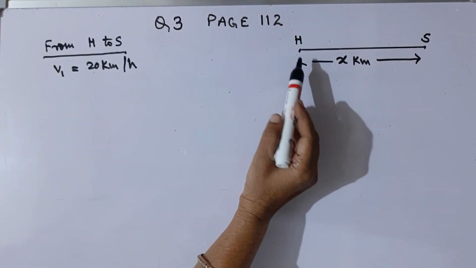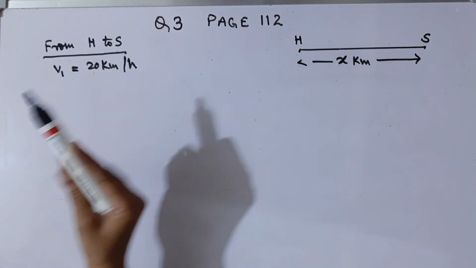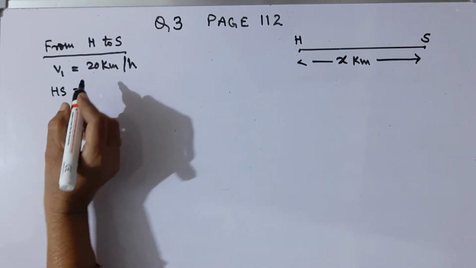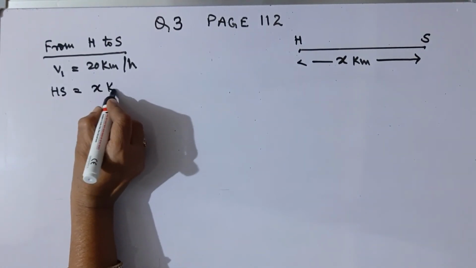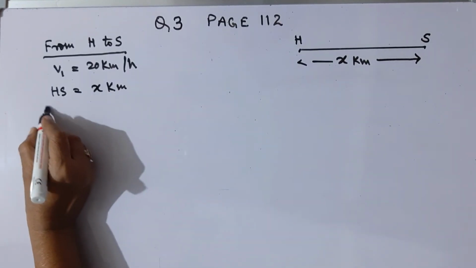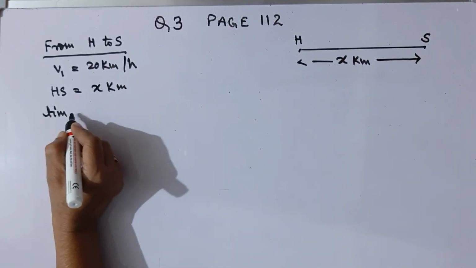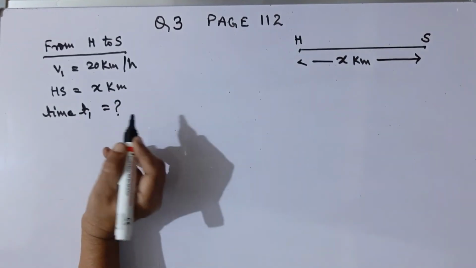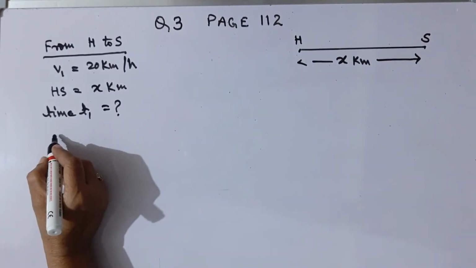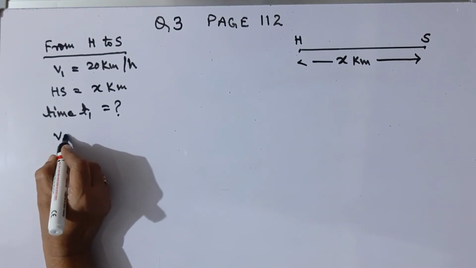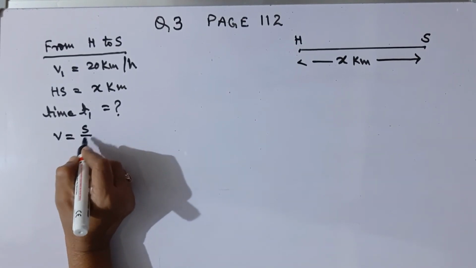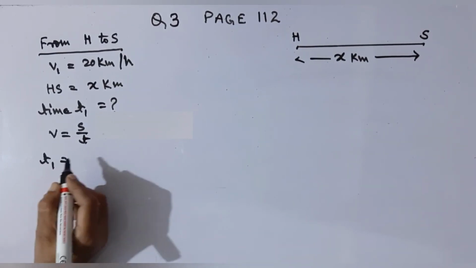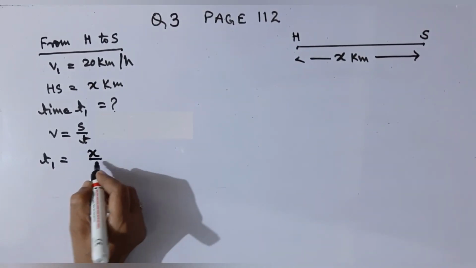We assume that the distance from home to school, that is HS, is x kilometer. Therefore, the time T1 must be calculated. We know the relation that the speed is equal to distance upon time. Therefore, the time T1 is equal to x upon V1.